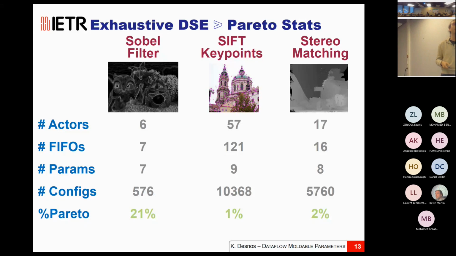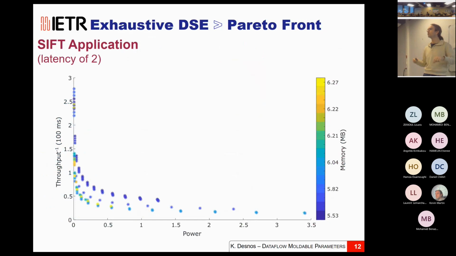very few points are on the Pareto front. If I go back to the previous slide, something that is even more interesting is that while 1% of the points for the SIFT application are on the Pareto front, many points are very close to each other. For example, if you have a look at the blue points in the middle of the curve, you can see that you have 3 or 4 points that are very close to each other.